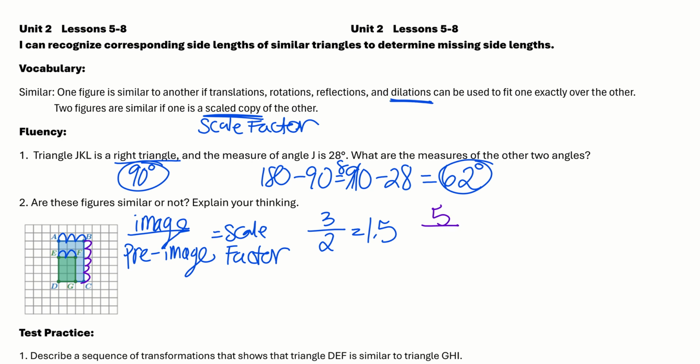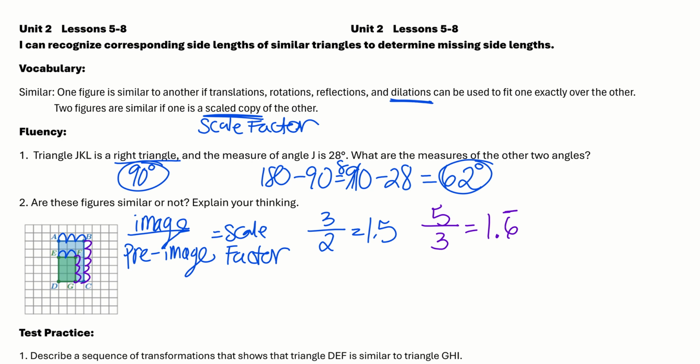And then I need to check F to G, 1, 2, 3. If I divide that, I get 1, 2 left over, 3 goes into 20. It's like 6 times, and it's actually 6 repeating, okay?